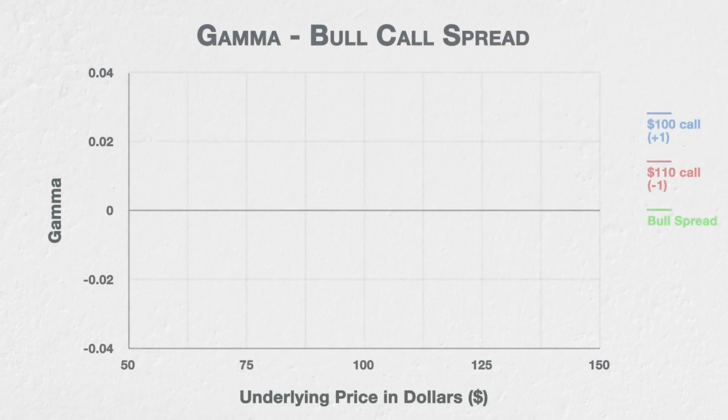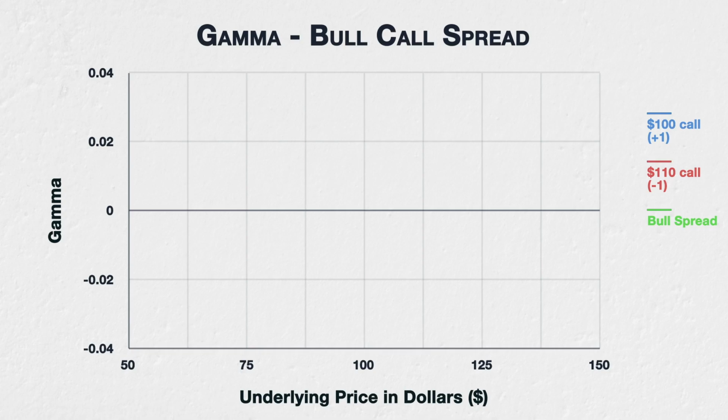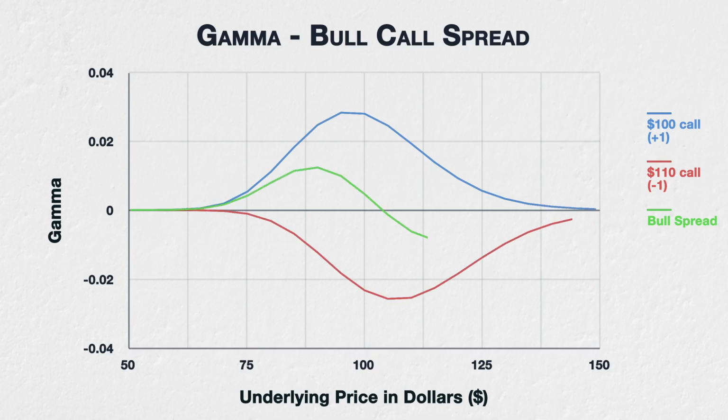Let's look at a simple multi-leg option position, a bull-call spread. This position consists of purchasing one call option, then selling another call option with a higher strike price, but both with the same expiration date. This chart shows the gamma of a $100-$110 bull-call spread in green, and of the two individual options that combine to create this spread.